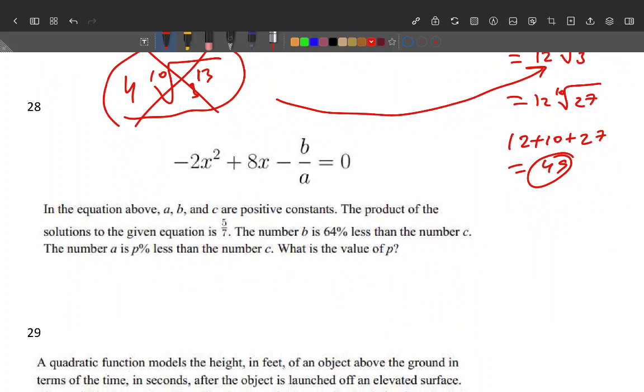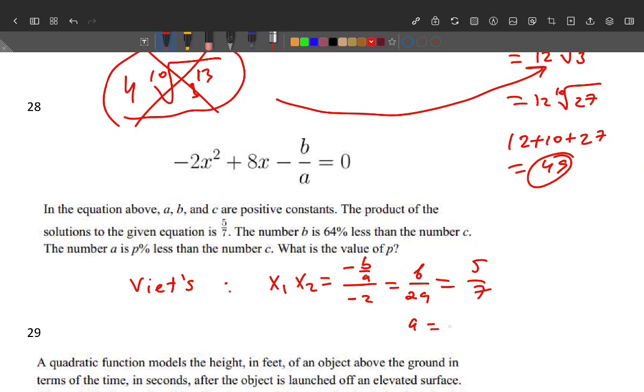In the equation above, a, b, c are positive constants. The product of the solutions to the given equation is, by Viet's theorem, I can take x1 x2 is negative b divided by a, negative 2 is b divided by 2a. It's equal to this number. From here, if I find a, it will be 0.7b.